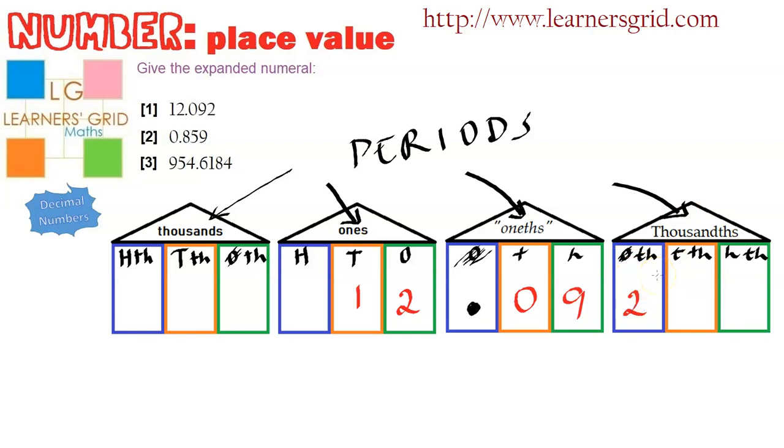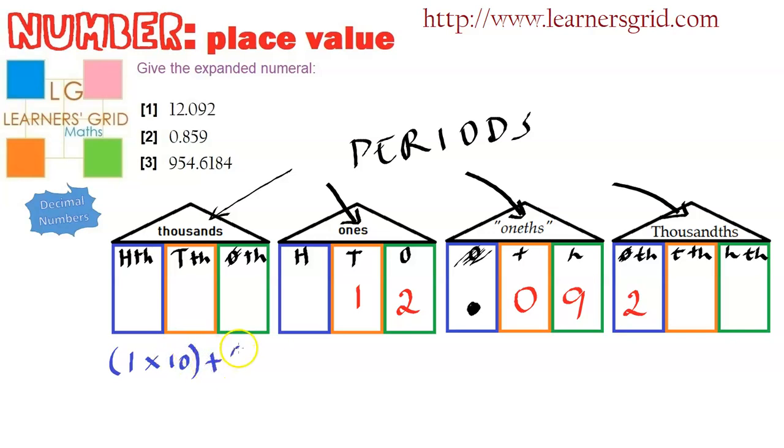Now we can take a look at face value and place value, because that will help us with solving this problem of giving the expanded numeral. If we take this 1, what this 1 really means, the face value, is 1, just what it is by looking at it, right? I'm going to multiply by its place value, which is tens, so that's a 10.